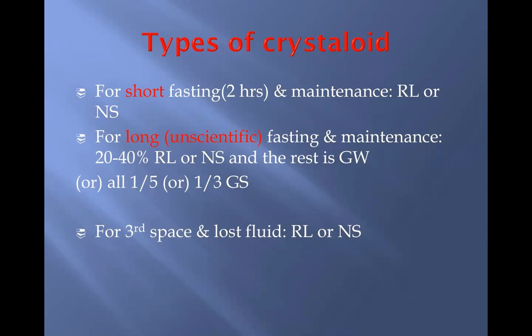But if the patient, unscientifically, mentions that he has fasted, for example, overnight for about 10 to 12 hours, here is long fasting, and we can replace with 20 to 40% Ringer's lactate or normal saline, and the rest with glucose water.